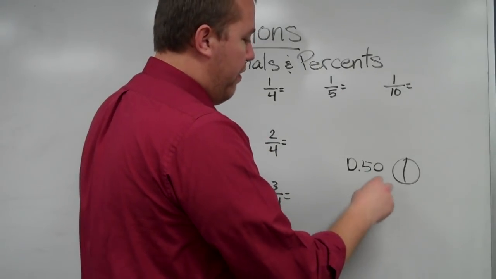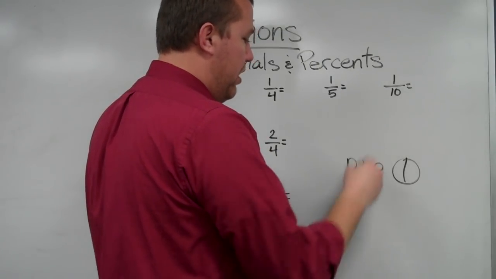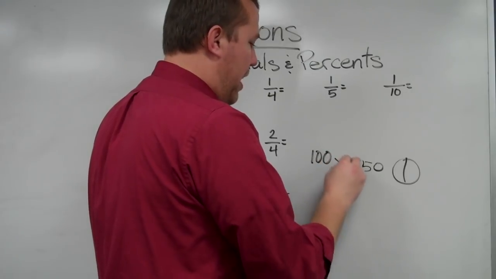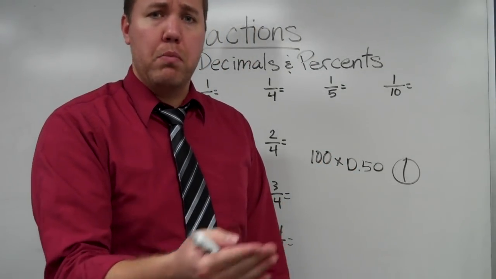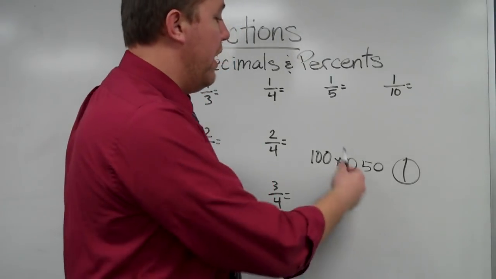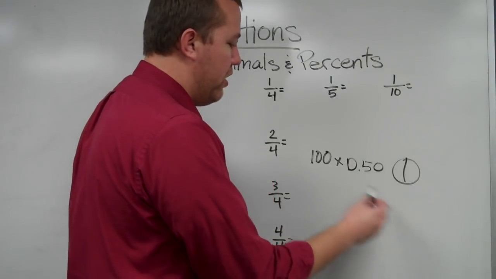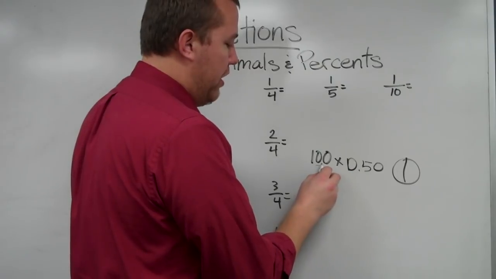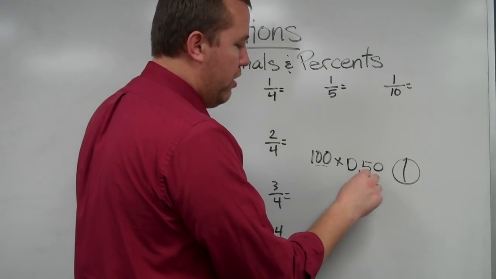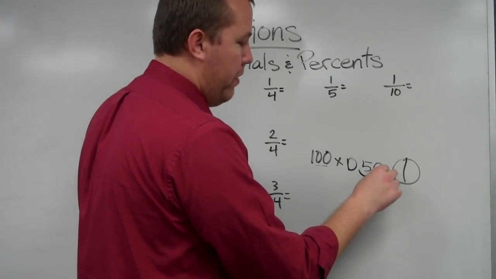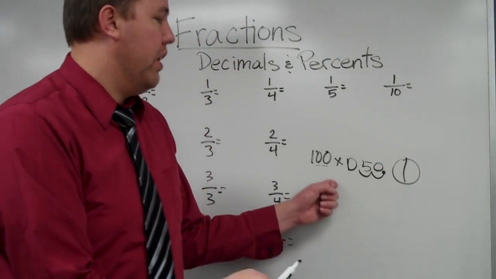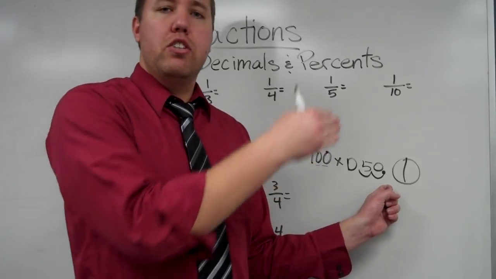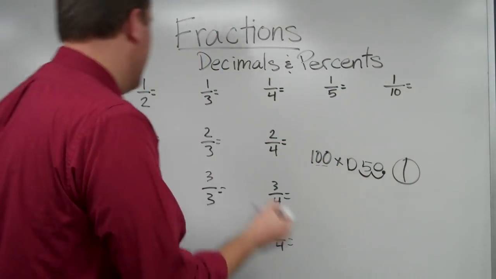So I get 0.50 and I times that by 100. Okay? An easy way to do this is remembering back to our multiplication patterns. When we have decimals, times by 100, we move the decimal place because there are 2 zeros. We move the decimal place to the right. We want a bigger number 2 times. So 1/2 equals 0.50 turned into a percent equals 50%.